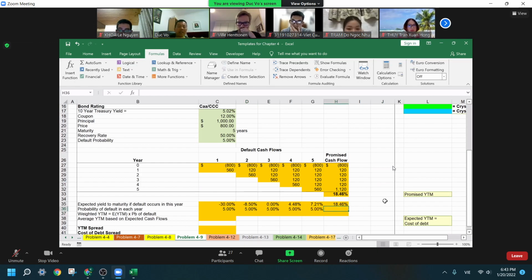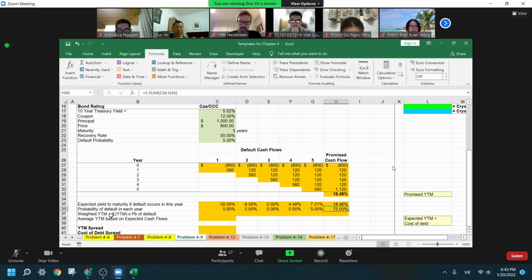Not for the final year though. You know why? Because for the final year, in the first 5 years the total probability of default is 25%. So if it does not default in the first 5 years, then in the final year the probability is 100% minus 25%, which is 75%.